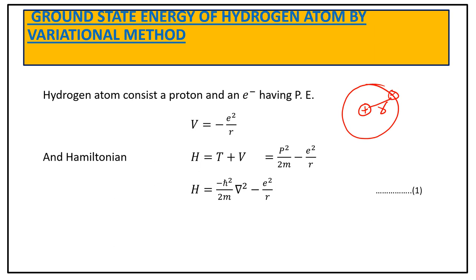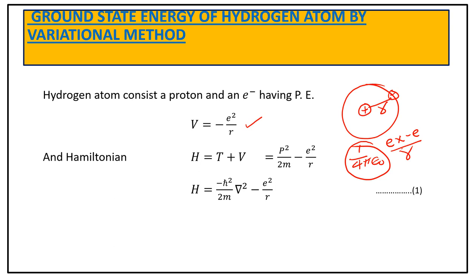So the potential energy is 1 upon 4 pi epsilon naught into minus e square upon r. But you can ignore this constant term and take the potential energy as minus e square upon r, where e is the electronic charge and r is the separation between proton and electron.